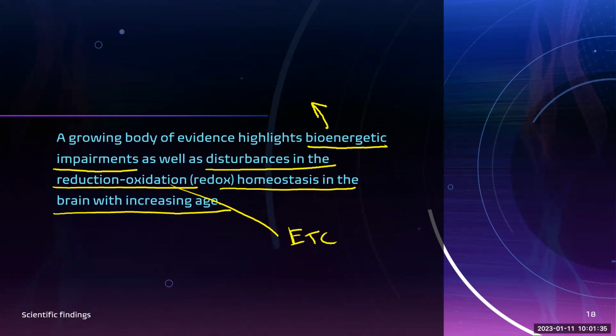Now bioenergetic means ATP production, and this is driven by the electron transport chain, which is a series of reduction and oxidation steps, right? In the broad sense, homeostasis is maintenance of a constant internal environment. So it should maintain the right amount of energy production.